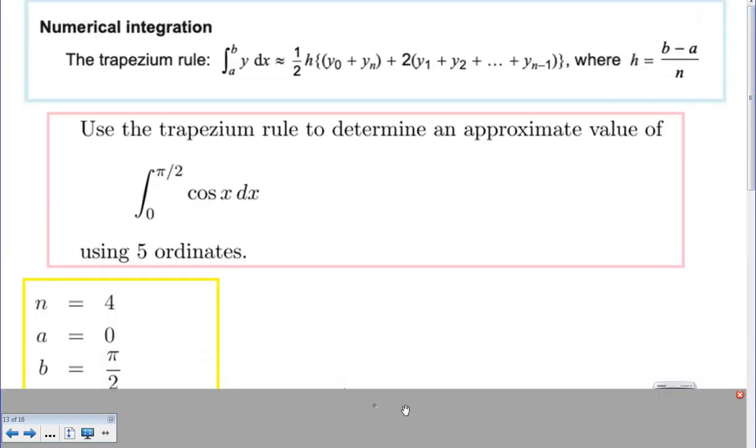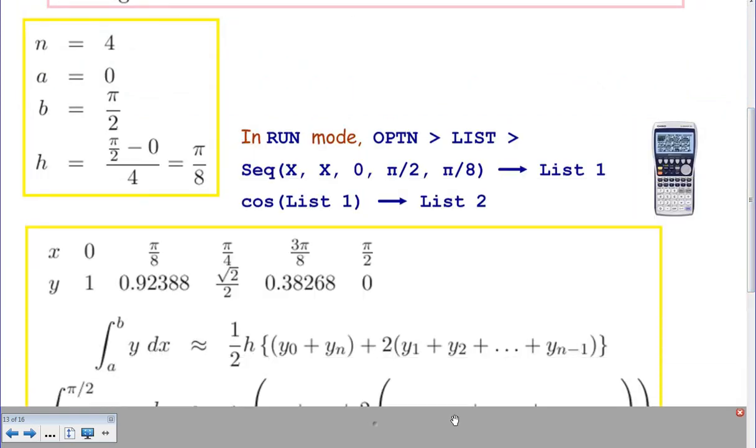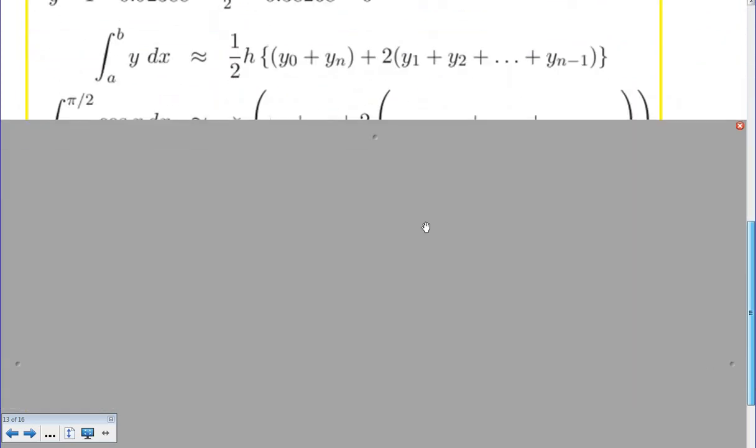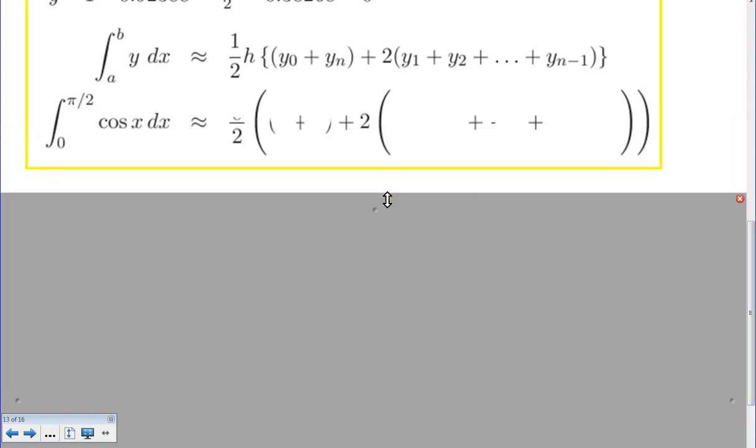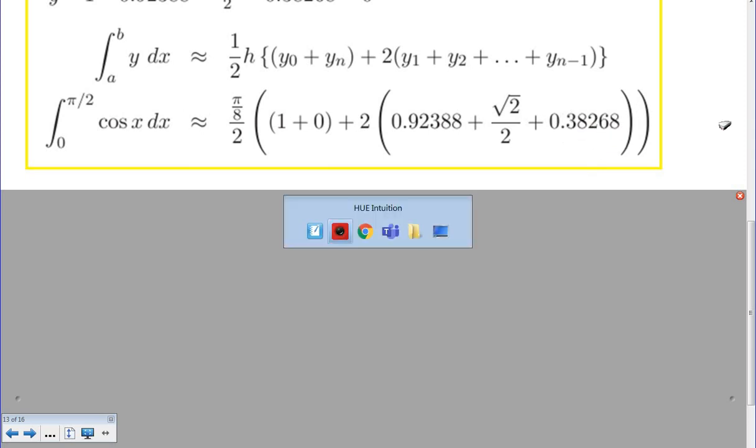Okay, so there's my h, and there's my y0 and y5, and then here's y2, y3, and y4 that go in the middle. Okay, so we want to find out what that is, so let's do that on the calculator.